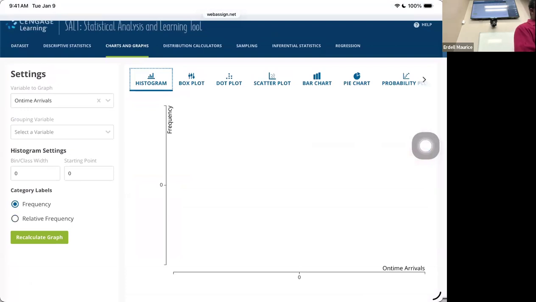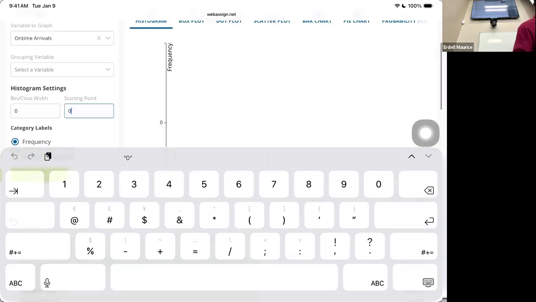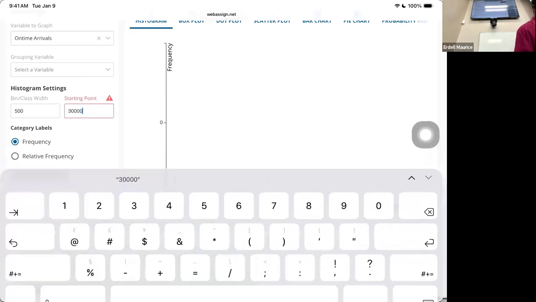I need to put in the bin class width. Remember the calculations for the class width? Take the highest score, subtract the lowest score, and then divide by the number of scores. Let's put the starting point at 30,000. And let's put the bin width at 500. I'm just estimating here. Is that too big, too small?